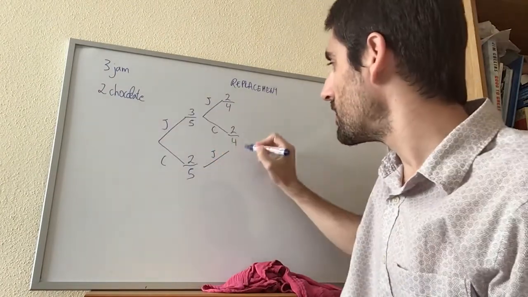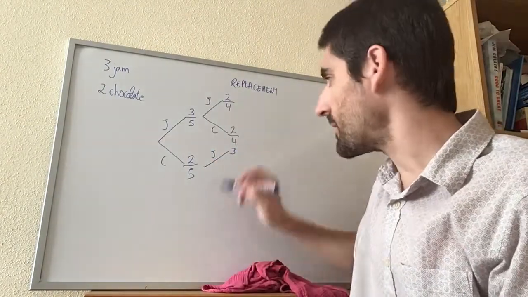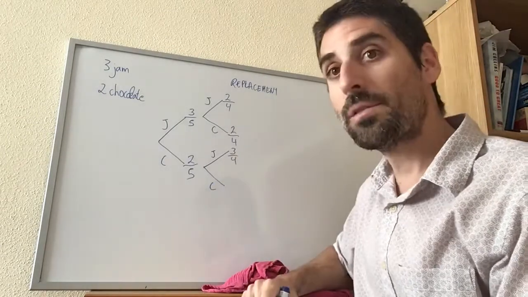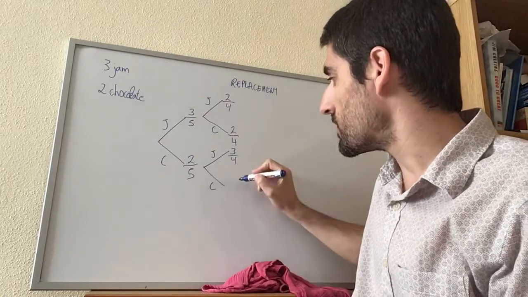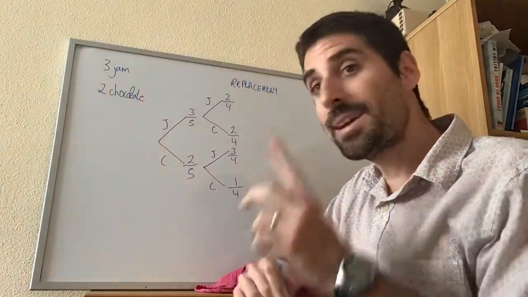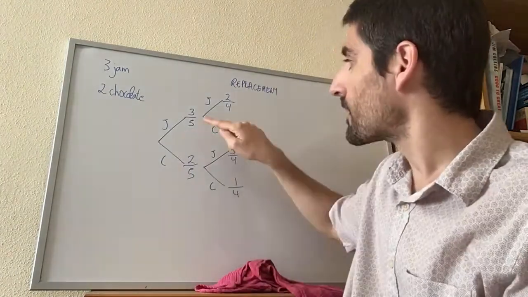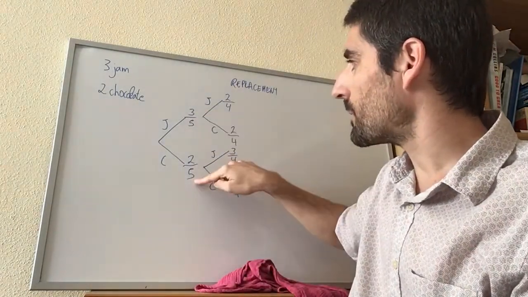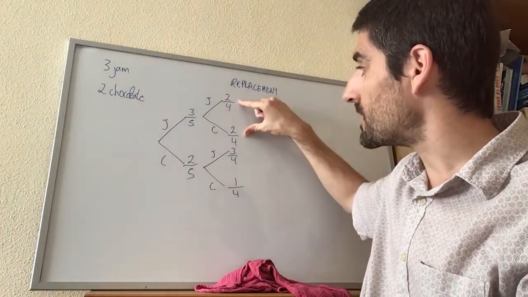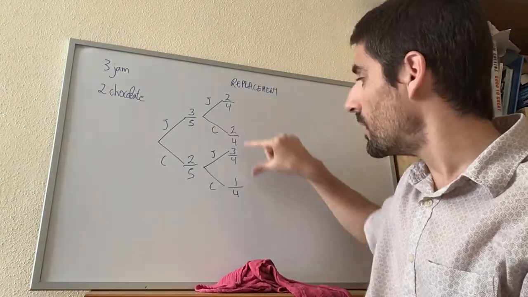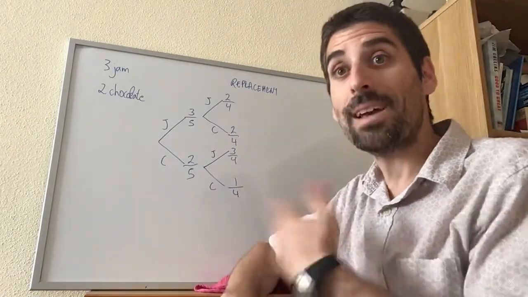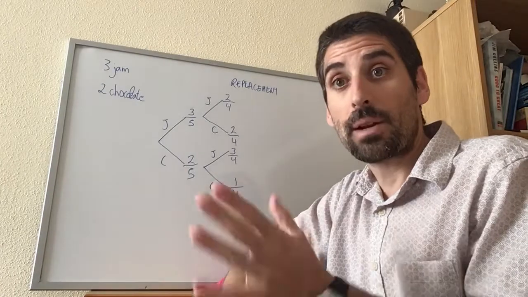Well, it's going to be 3, because the 3 jam donuts are still there out of 4, and the probability of the second one being chocolate is 1 out of 4, because there's only one chocolate donut left. And that is correct, because that probability plus that probability adds up to 1, 5 over 5. These two probabilities add up to 1, 4 out of 4. And these two probabilities add up to 1 again, 4 out of 4. So the tree diagram is correctly drawn.